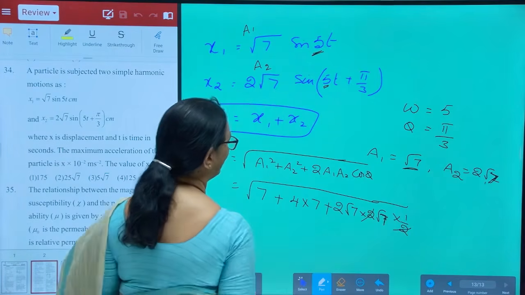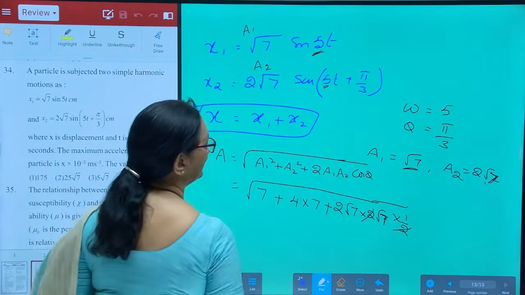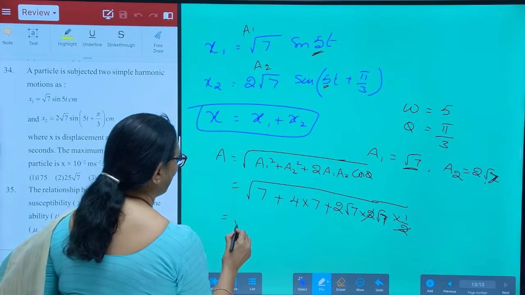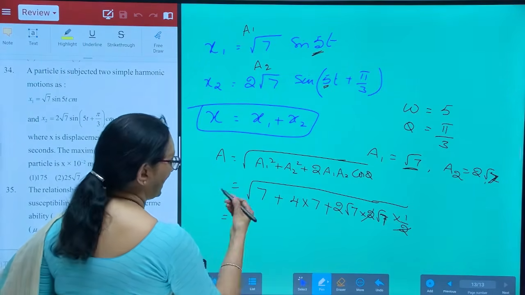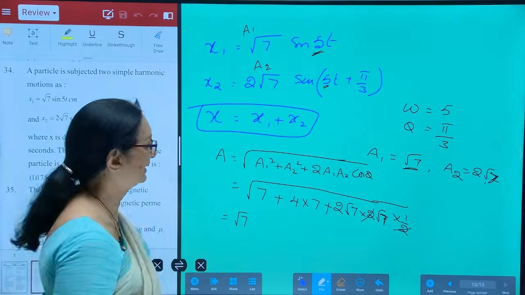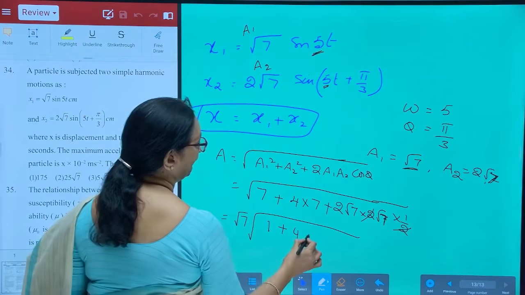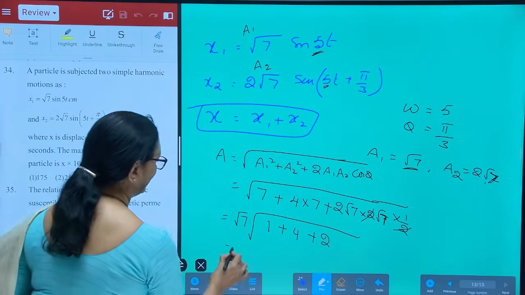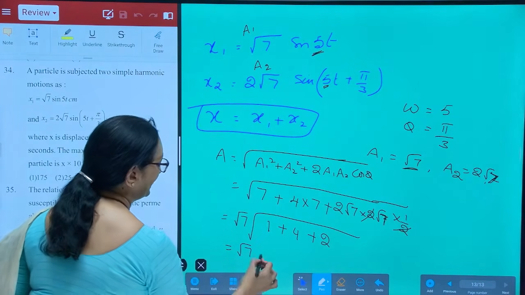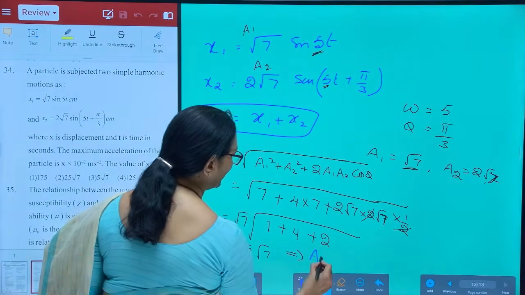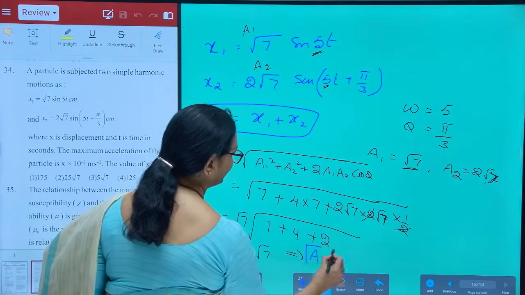So 2 and 2 get cancelled, root 7 into 7 is 7. So if you take that 7 as a common factor outside, it will be like this, 1 plus 4 plus 2. This is a root 7, which implies amplitude is equal to 7.